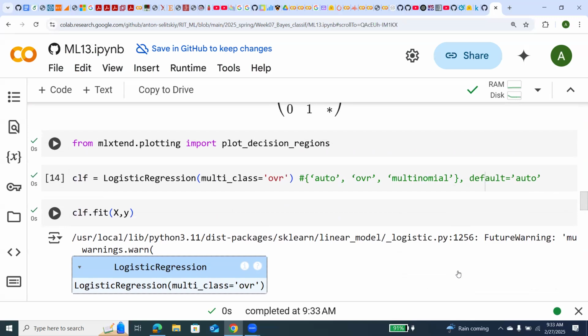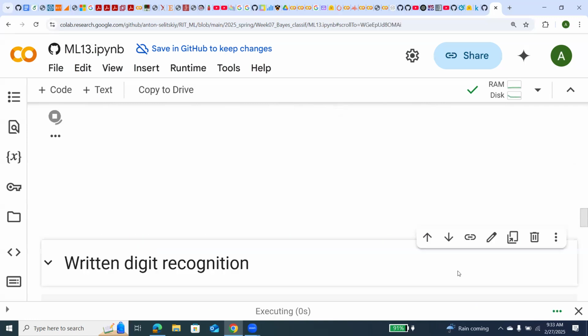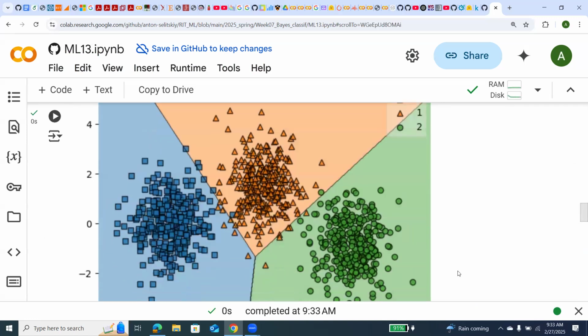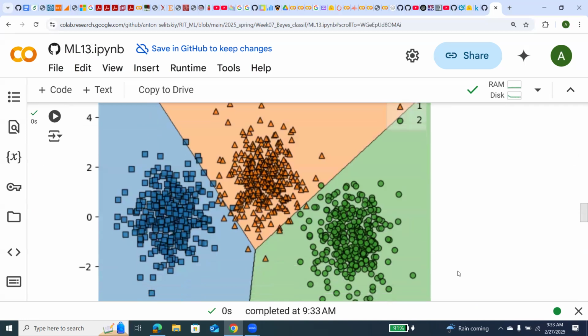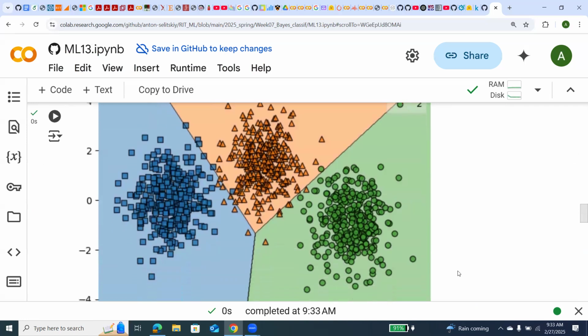So if you use parameter one versus rest, which is one versus all, then it will actually build, if you have n classes, n linear classifiers. And decision boundary will look like this. So remember that some orange triangles were classified incorrectly.